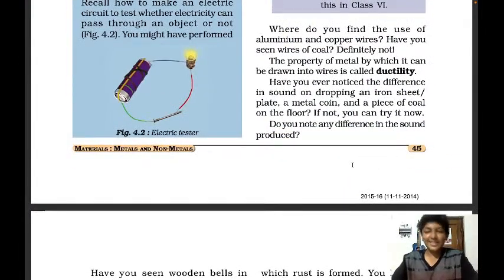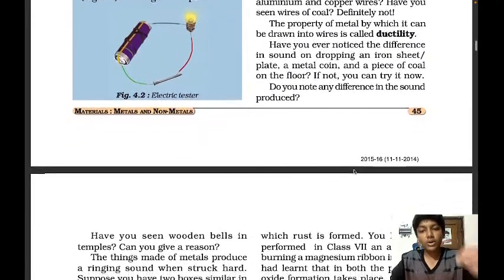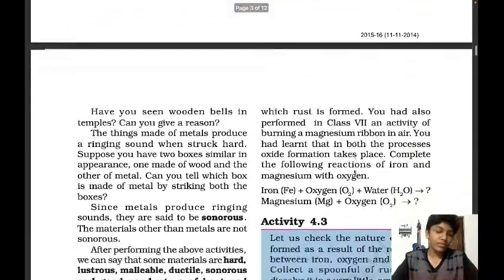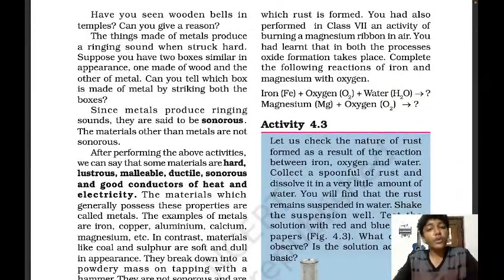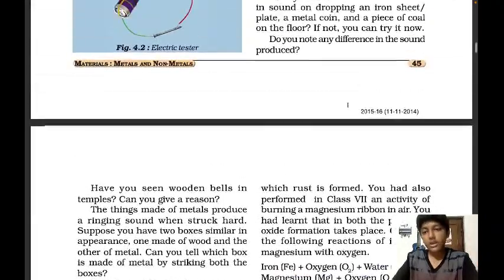Have you ever noticed the difference in sound on dropping an iron sheet or plate, a metal coin, and a piece of coal on the floor? If not, you can try it now. Do you note any difference in the sound produced? Have you seen wooden bells in temples? Can you give a reason? You do not see wooden bells in temples.